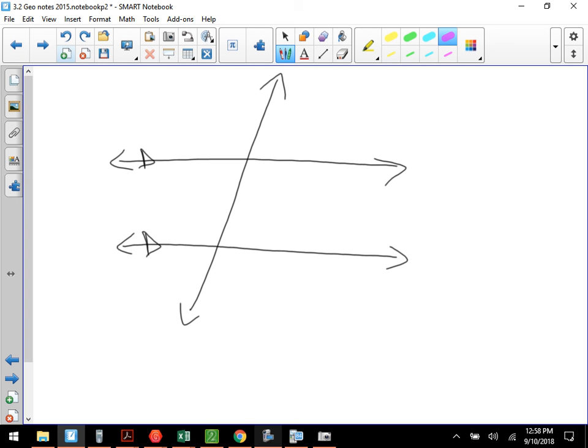For example, if I say that this angle here is 105 degrees, I can go through the diagram using angle pair relationships to show what other angles are 105. First thing we know is it's vertical. You knew that from last chapter. The vertical angle here has to be 105.